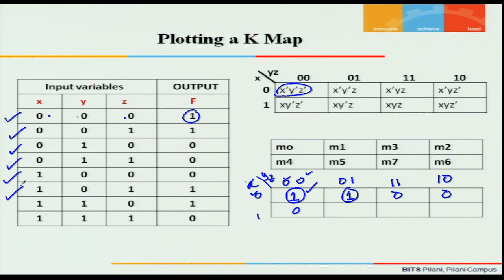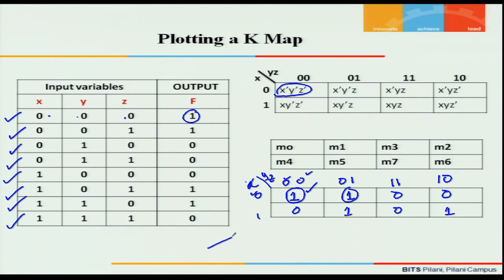Sixth row x, y bar, z, output is a 1. Seventh row x, y, z bar, output is a 1. And the last row x, y, z, output is a 0. That means, inside the squares in the K map, we plot the corresponding output values.